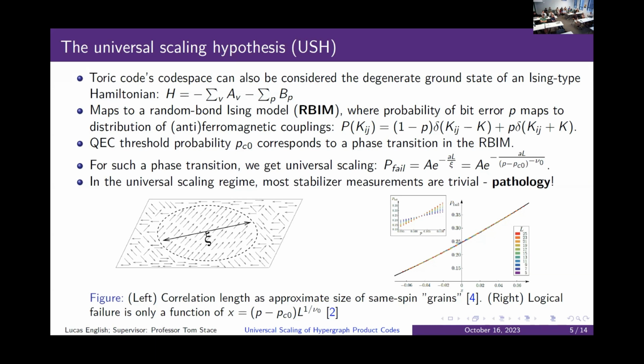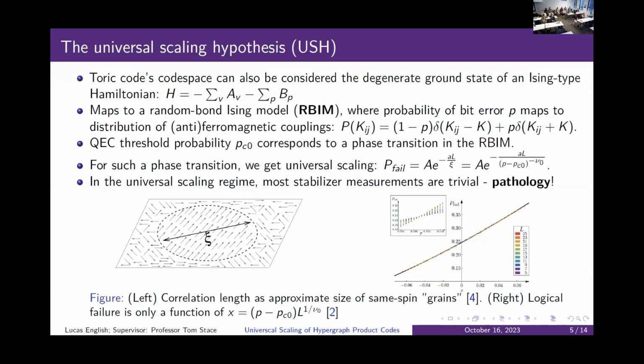And so when we map the toric code to a random bond Ising model, that probability of whether or not you're in the ferromagnetic or anti-ferromagnetic for one of those couplings corresponds to the probability of a bit error, a bit flip occurring on any of those physical qubits.